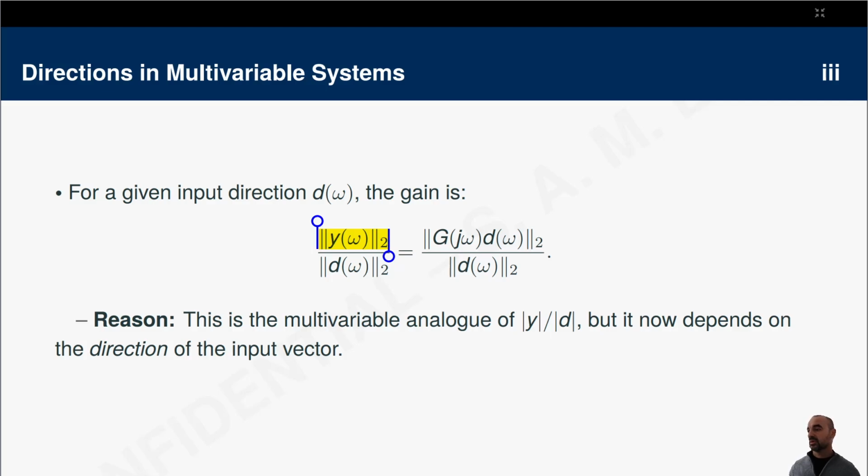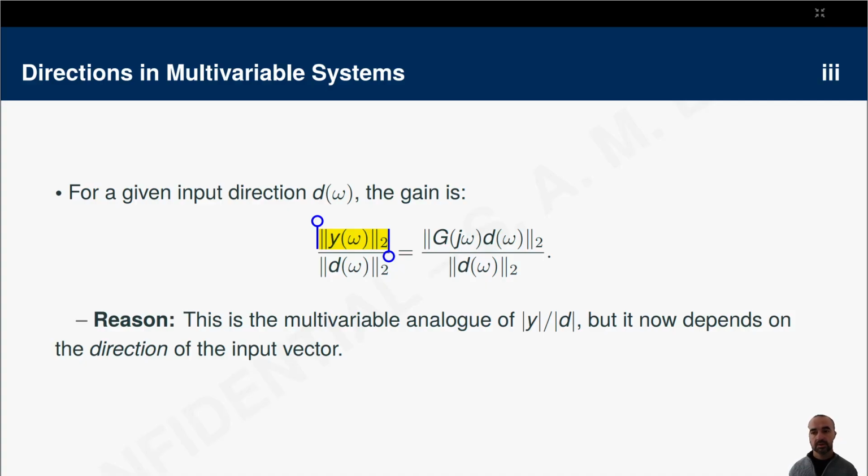This ratio of the two norm of y(ω) over the two norm of d(ω) is the multivariable analog of y over d, but it now depends on the direction of the input vectors. I've not gone through the same simplification; I've not cancelled d(ω) from top and bottom.